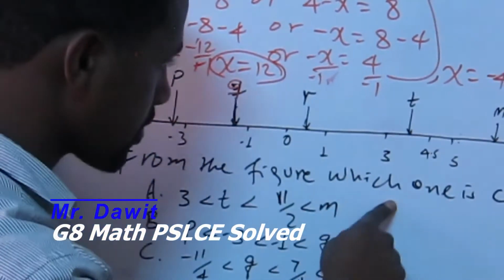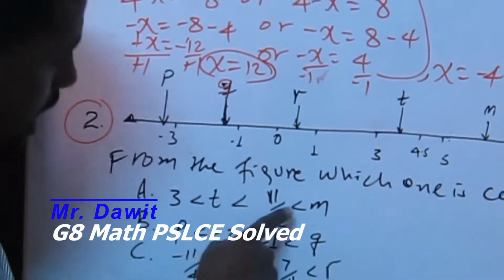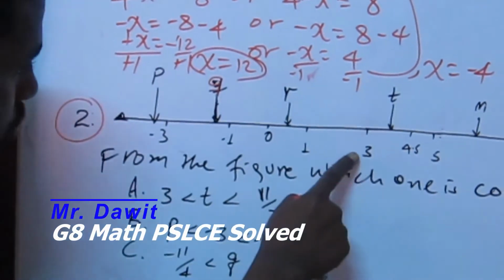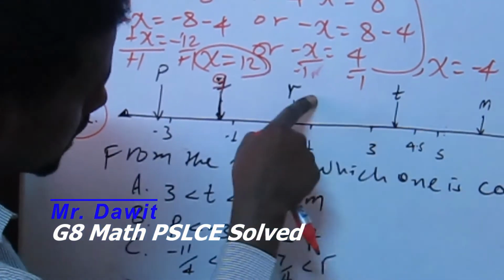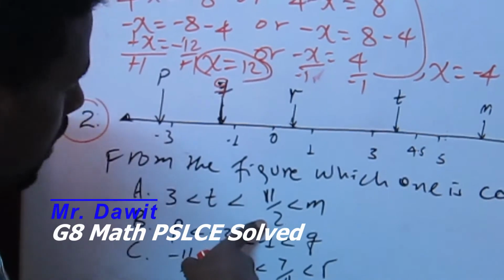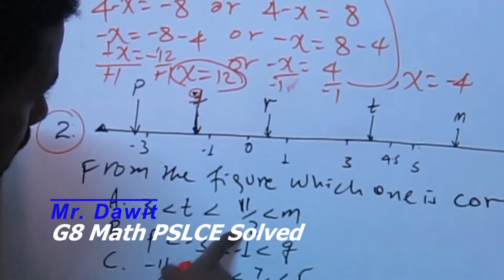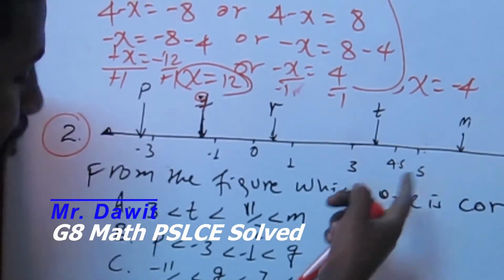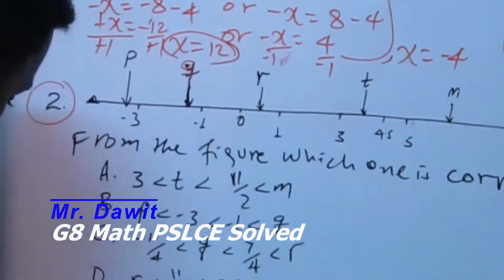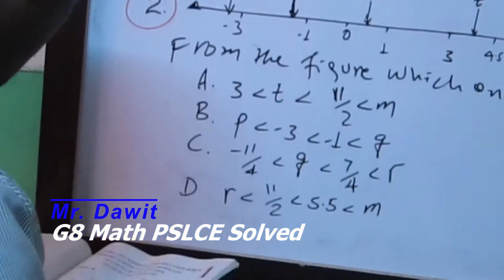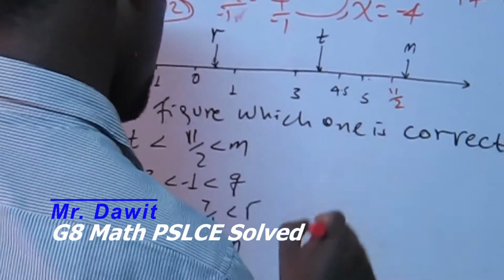So from the given figure, which one is correct? A: 3 less than t less than 11/2 less than m. ሶስትን እንውሰድ፣ ሶስት ተናለችው እዚህ ጋር አለችው t, of course 3 ከቲ ያንሳል ምክንያቱም 3 ከቲ በስተግራ ስለሚገኝ። 11/2 means 5.5, right, 5.5, but we don't know the value of this one actually, let me see the question. 11/2 from the question, 11/2.